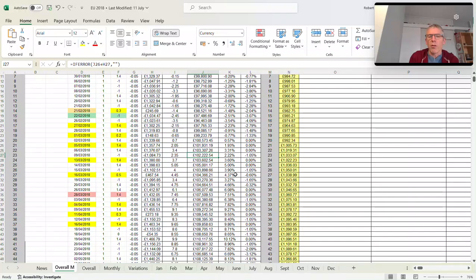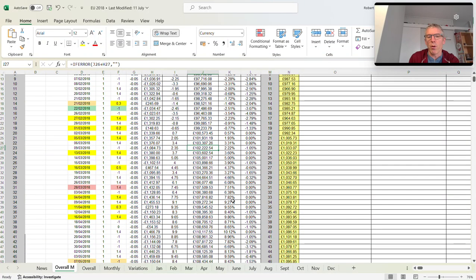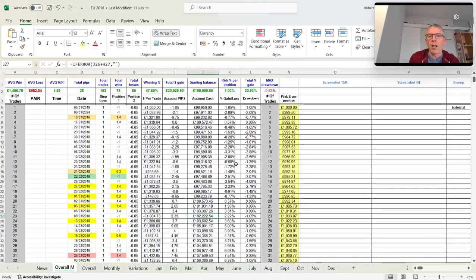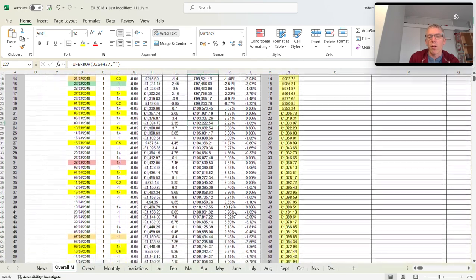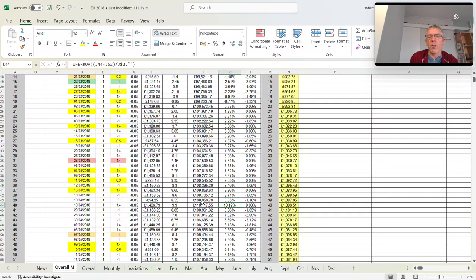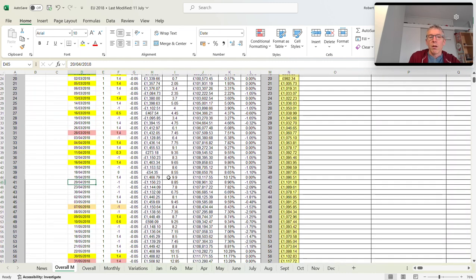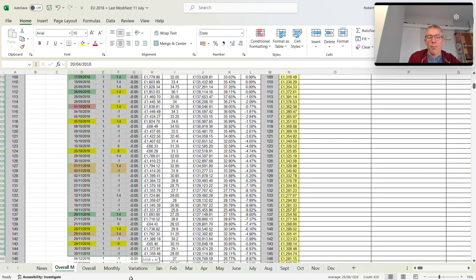But what I like doing as well, and this is purely speculation and it probably would never happen as nicely, is looking down my gain loss until I hit my 10%, because that would be target one on a prop firm account. That's the 19th of April. So it would have taken me till the middle of April to hit 10%, which is 4 months of trading to hit phase one of a prop account.